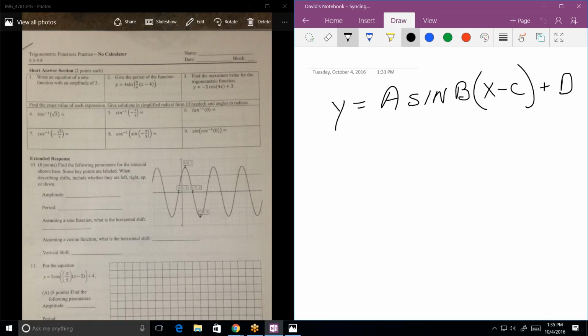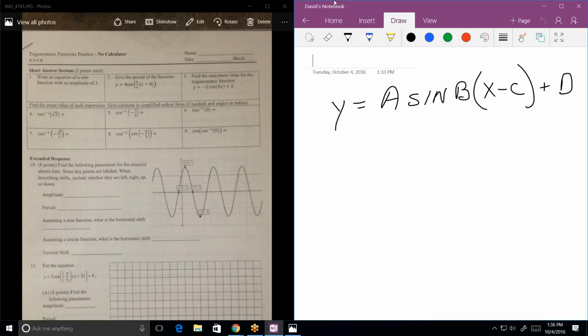Well, this is called a sinusoidal function. And what that means is that you can have either sine or cosine there. Not usually tangent, but sine or cosine. Whichever fits the minimal amount of phase shift is the one you want to use.